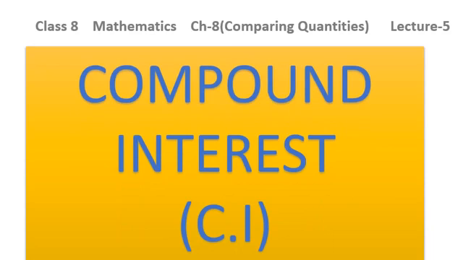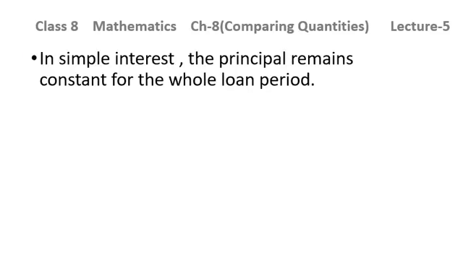This is an interesting concept and it should be very clear to you what is the difference between simple interest and compound interest. We will know further in the further slides. Let us see now what is the difference between simple interest and compound interest. In simple interest, the principal remains constant for the whole loan period.